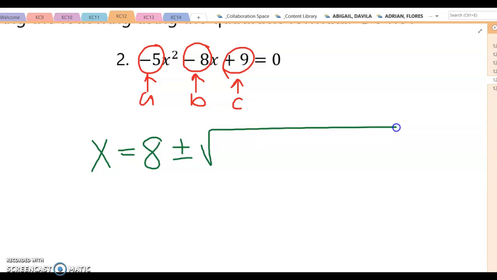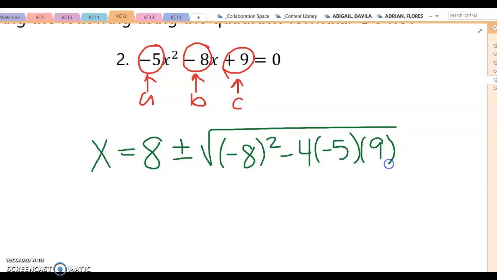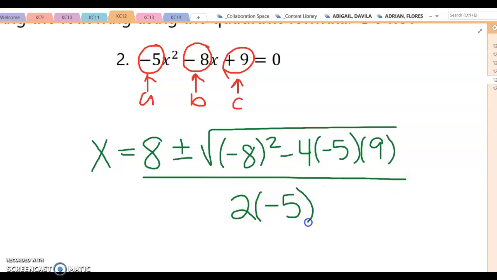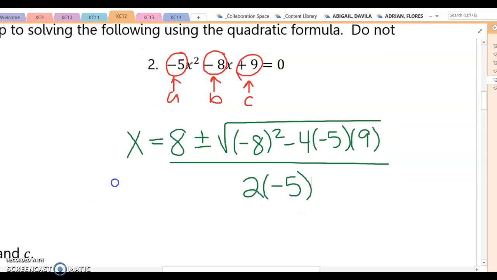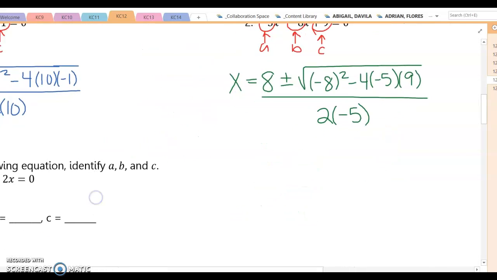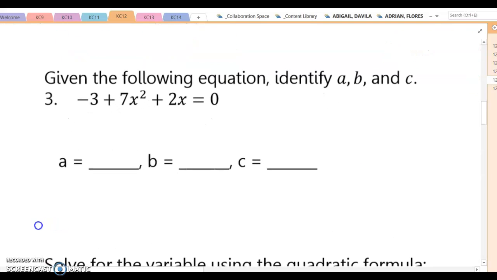Plus or minus the square root of b squared, so negative 8 squared minus 4ac. A is negative 5, c is 9. I'm just putting each one in parentheses so everything stays separate, but it's multiplication, all over 2a. Boom, there she is. So for those that just wanted you to set it up, right.